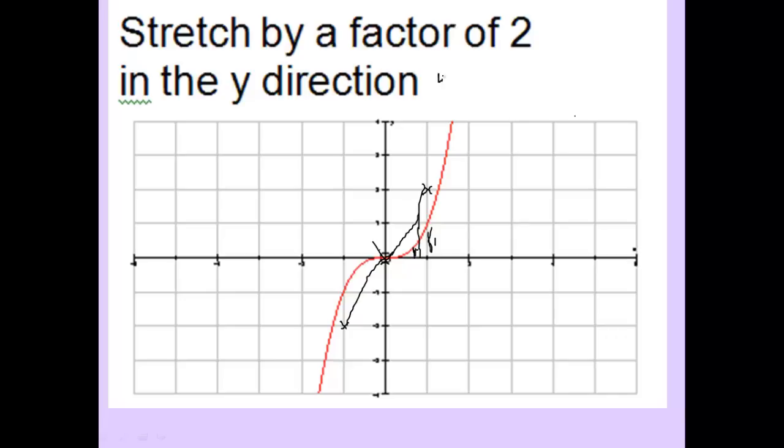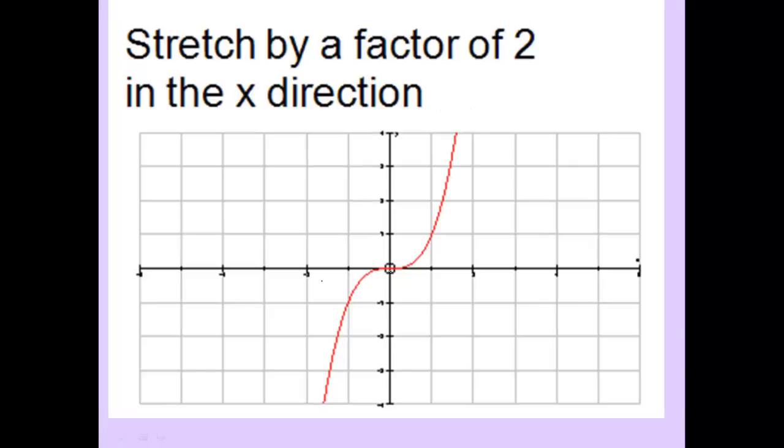Well, y equals x cubed, and what that then means is that that maps to y equals 2x cubed, because we're just doubling the value here.